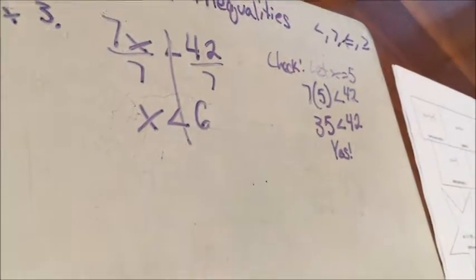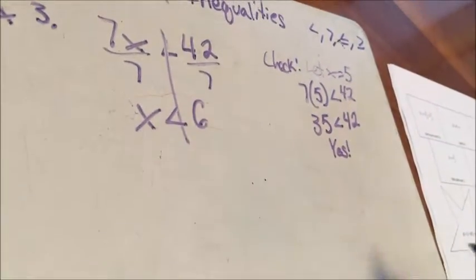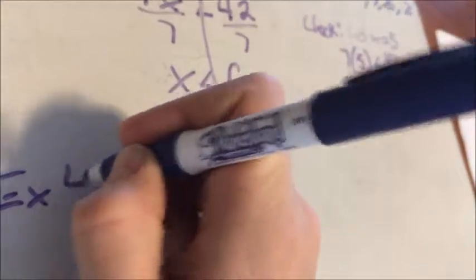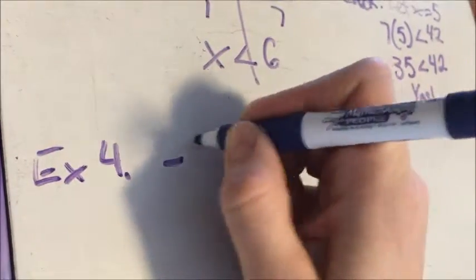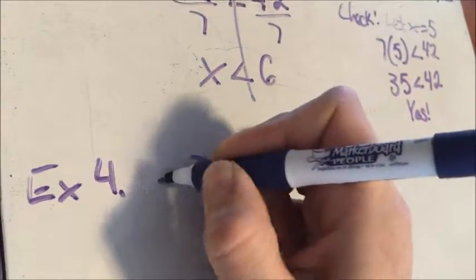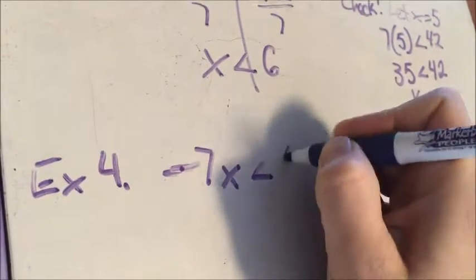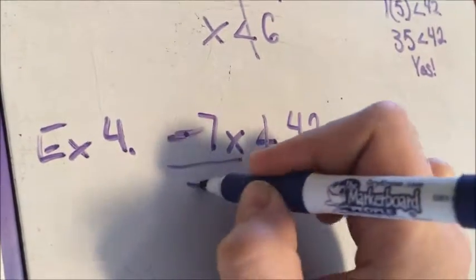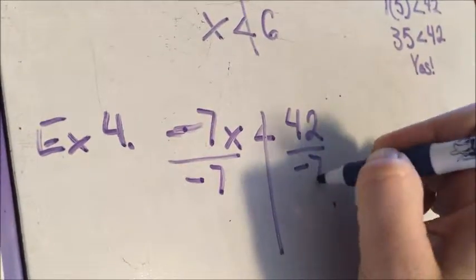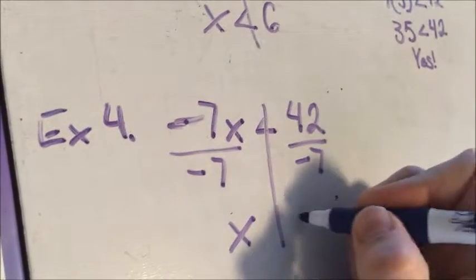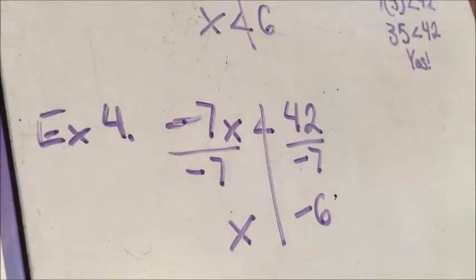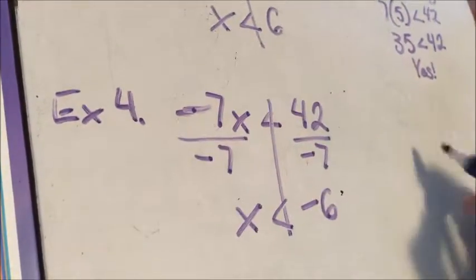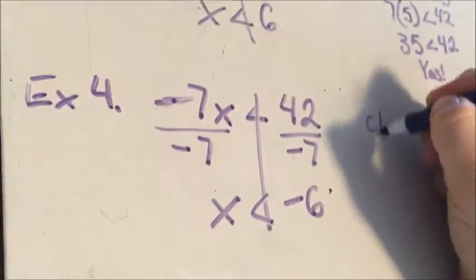Okay, now let's look at what's going to happen if I have a negative 7 here instead of a positive 7. So we're going to do this as example 4. Negative 7x is less than 42. This time you're dividing by a negative instead of a positive number. So you have x here, and now you have a negative 6. If I leave my inequality sign the same, let's see what happens in my check.